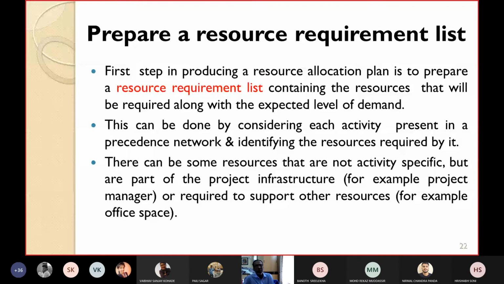For example, you might require office space. Office space is not required for only one project, it is required for all the projects that you are executing.